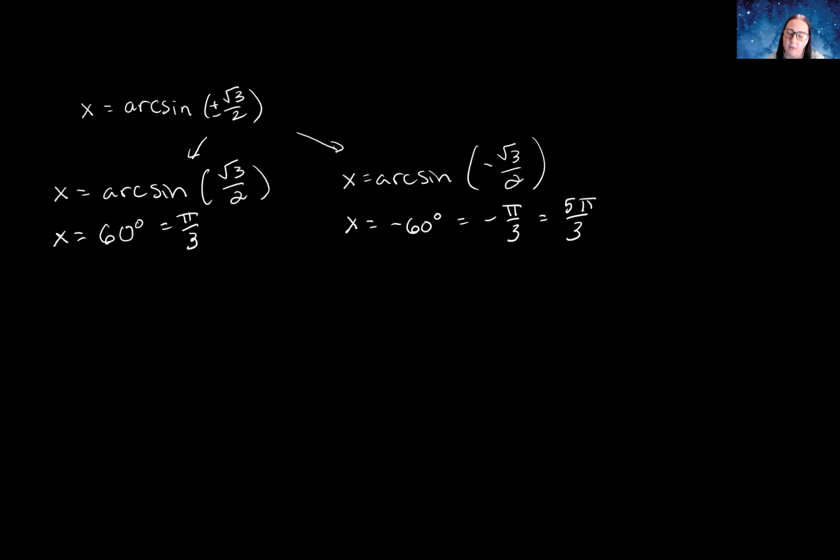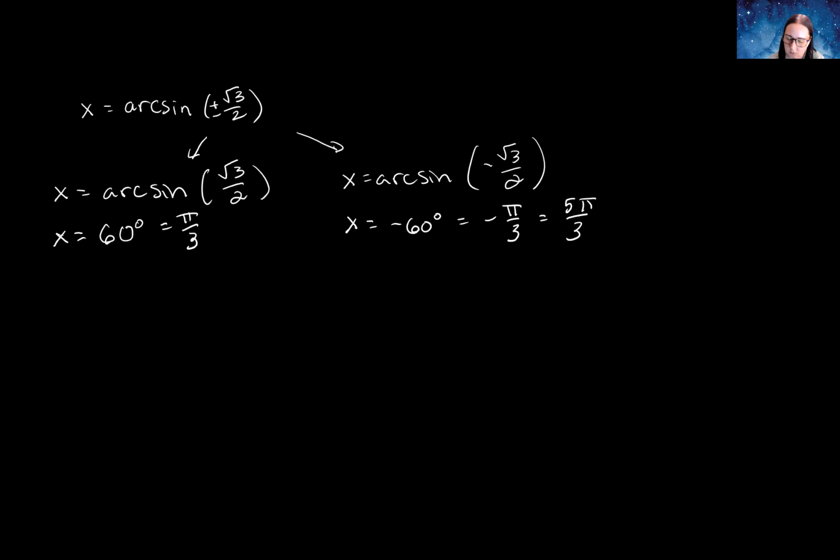But we have to think about the unit circle. What other answers are there? Because basically, our calculators are only giving us the reference angles. So we're essentially only between negative pi over 2 and pi over 2. That's what your calculator gives as output.